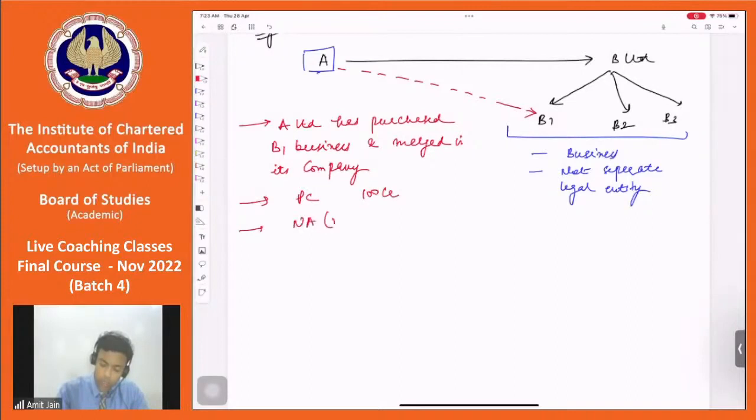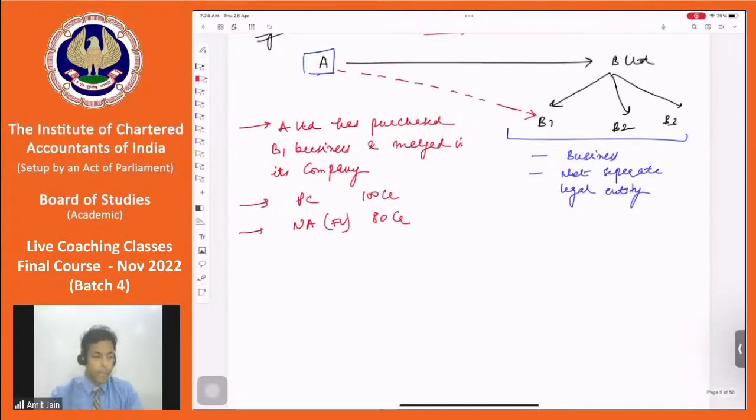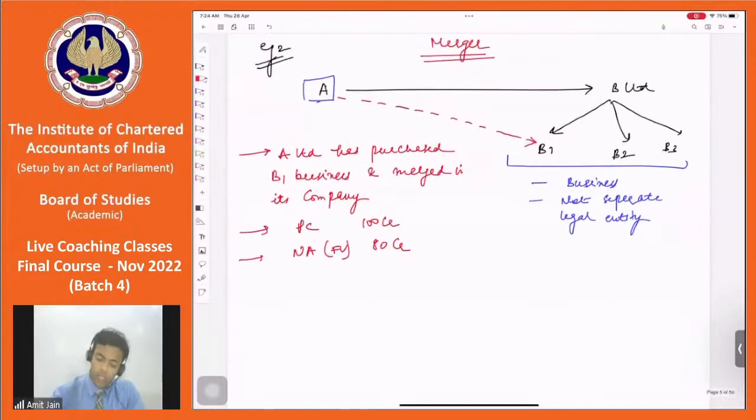Net asset acquired at fair value 80 crores, correct? 80 crores. This is a case of merger. So this is acquiring B Limited, and B Limited is B business, and this is getting merged in A Limited.